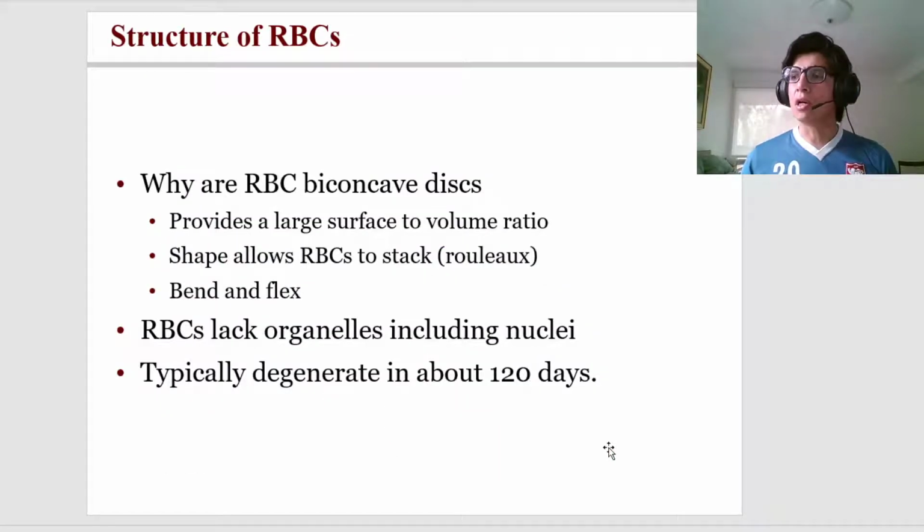Why are they biconcave? Why aren't they circles? One of the benefits of being biconcave is that you increase the surface area, and this allows exchange between red blood cells and the interstitial fluid and the cells that reside within this interstitial fluid.